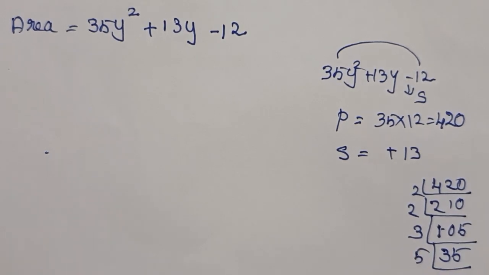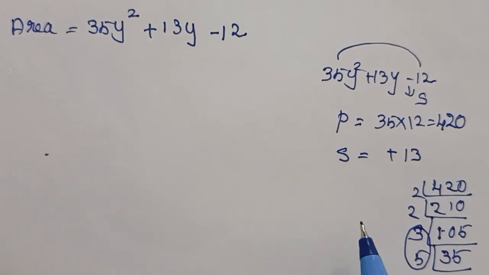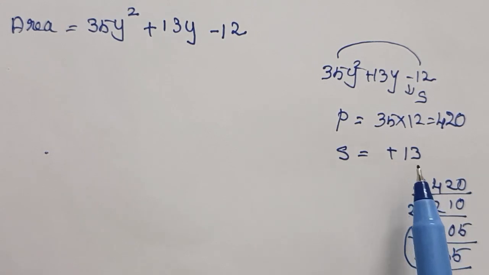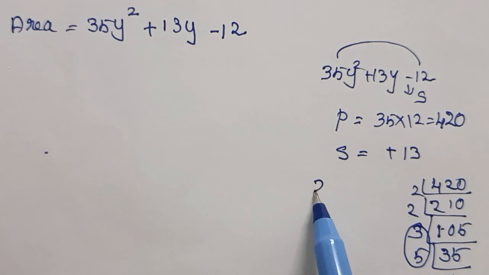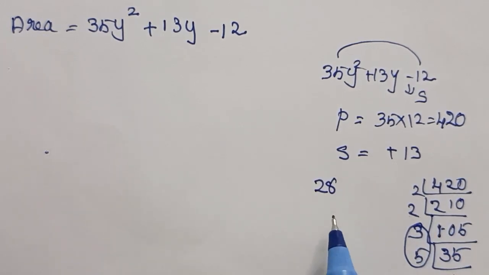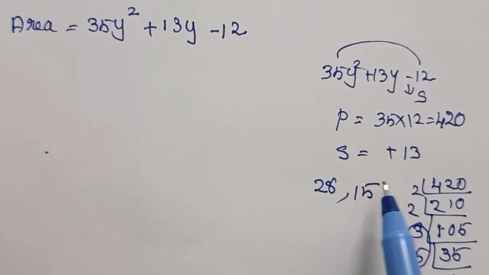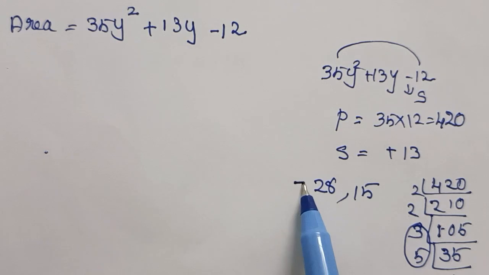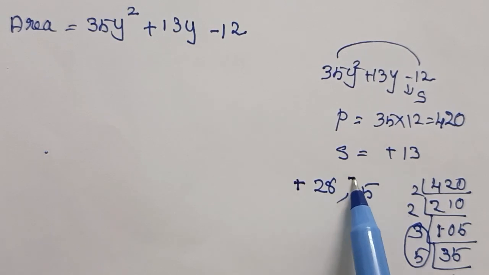Now 2 2s are 4, 15 into 4, 4 7s are 28. 15 into 28 gives 420, and subtracting 28 minus 15 gives 13. So the numbers are 28 and 15. Since we have to get plus 13 after subtraction, put the larger one as plus and the smaller one as minus.